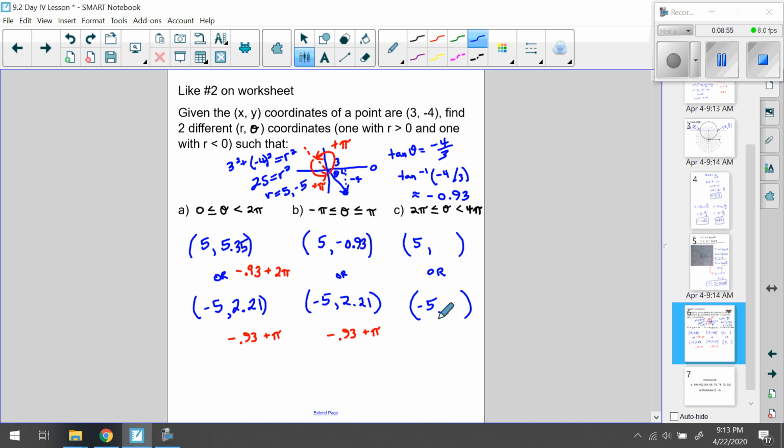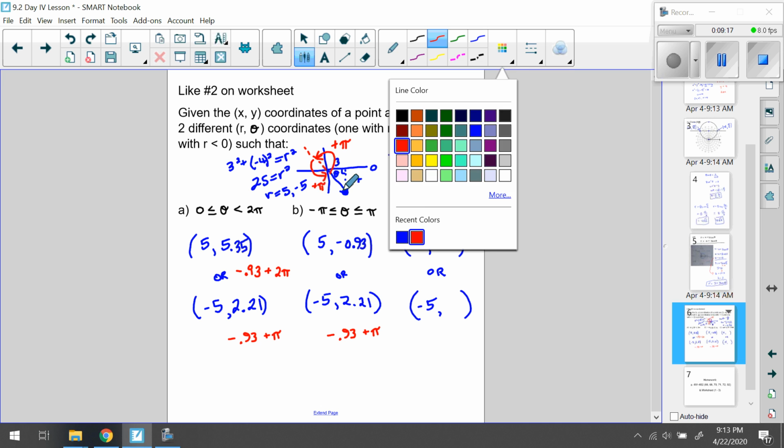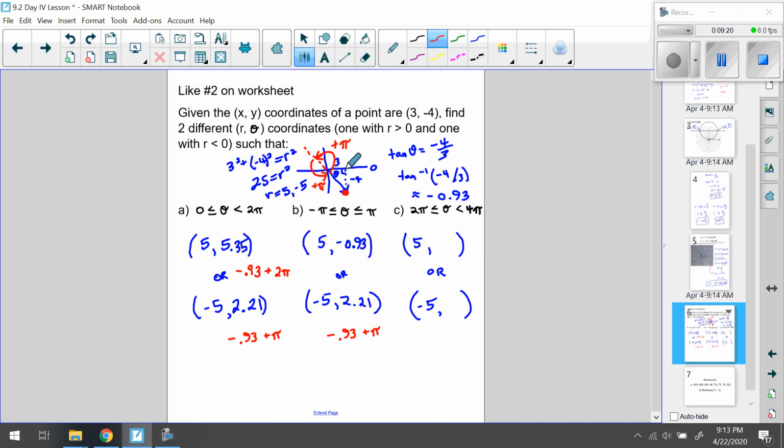Okay, so now we're ready over here. We're almost done. We want angles between 2 pi and 4 pi. So just keep in mind that if r is positive, we want our angle to be pointing this direction. If r is negative, we need to be going this direction so that we count backwards and land in this same spot right here. So I think all that means is that we really just need to keep going forward, right?